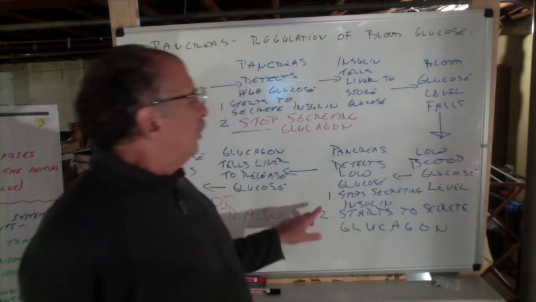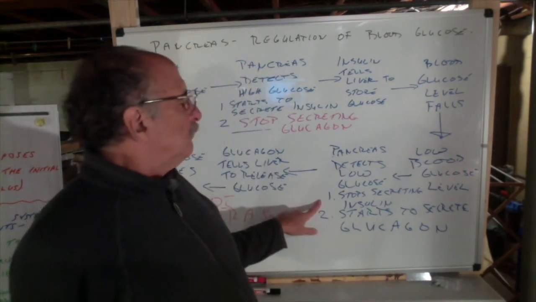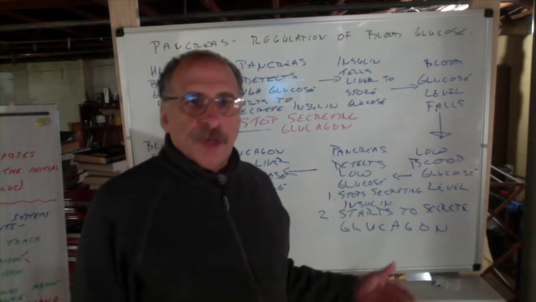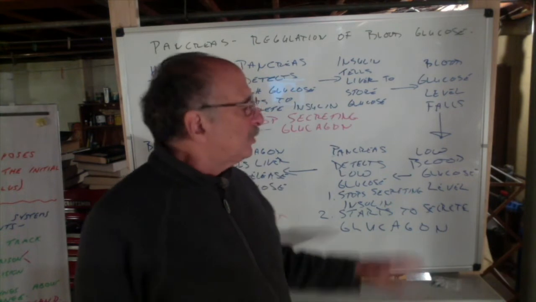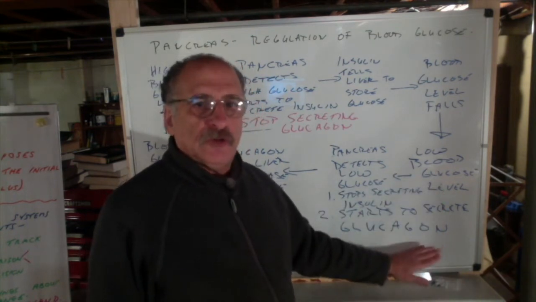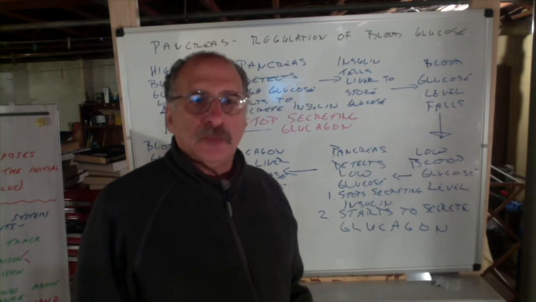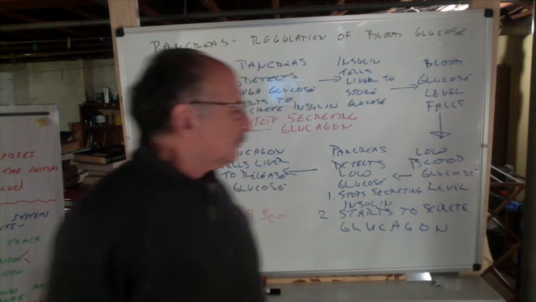So if the only thing that we did would be to stop secreting the insulin, it would help, but it wouldn't solve the problem, because the blood glucose level would continue to fall as certain other tissues continue to burn glucose for energy.